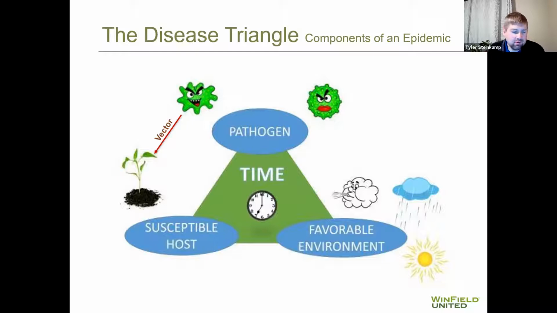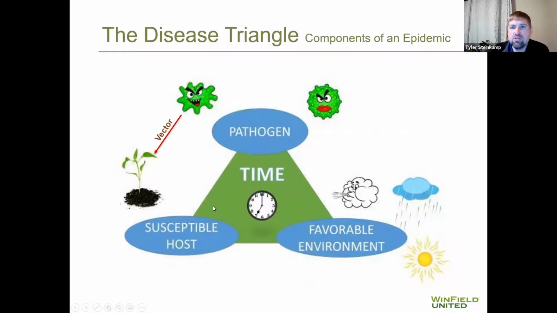Now, you look at the susceptible host in particular. A lot of our varieties and hybrids have been bred for disease tolerance, right? And so some of these varieties or hybrids don't necessarily have the susceptibility of other hybrids or varieties. Think of something like white mold, for example.